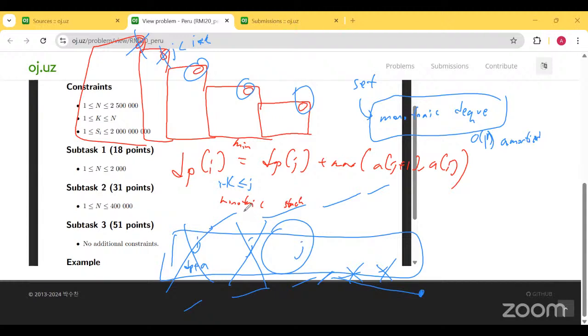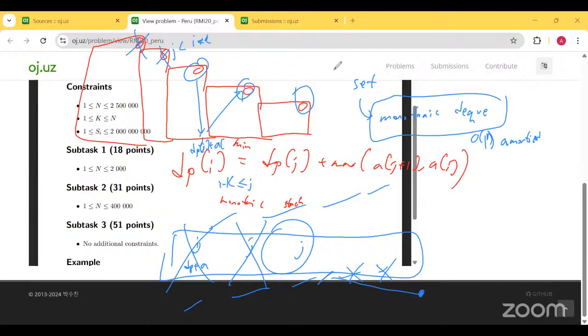Sir, will the first element of the deque be increasing in dp of i plus a as well? For example, this is j. This is dp of j plus this, right? Yes.